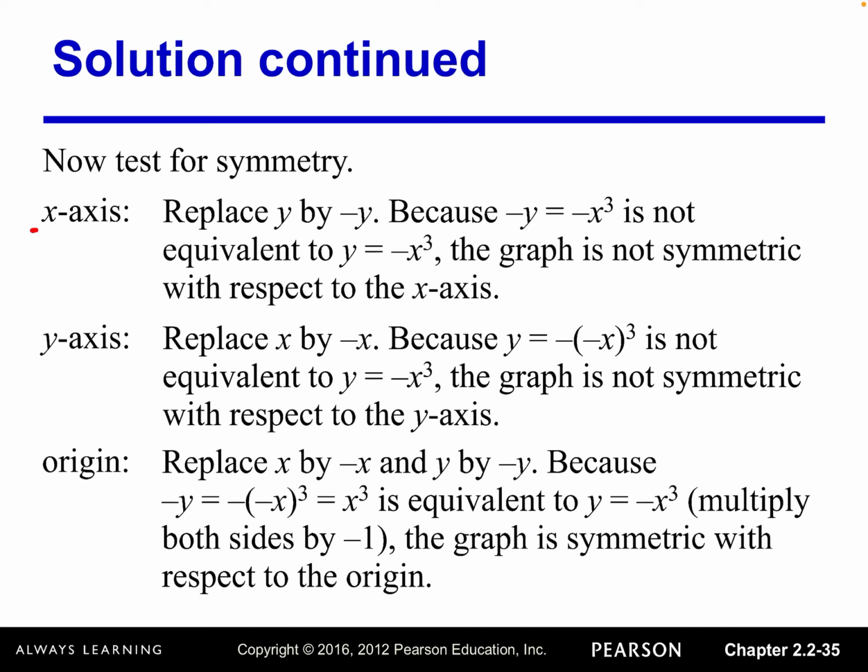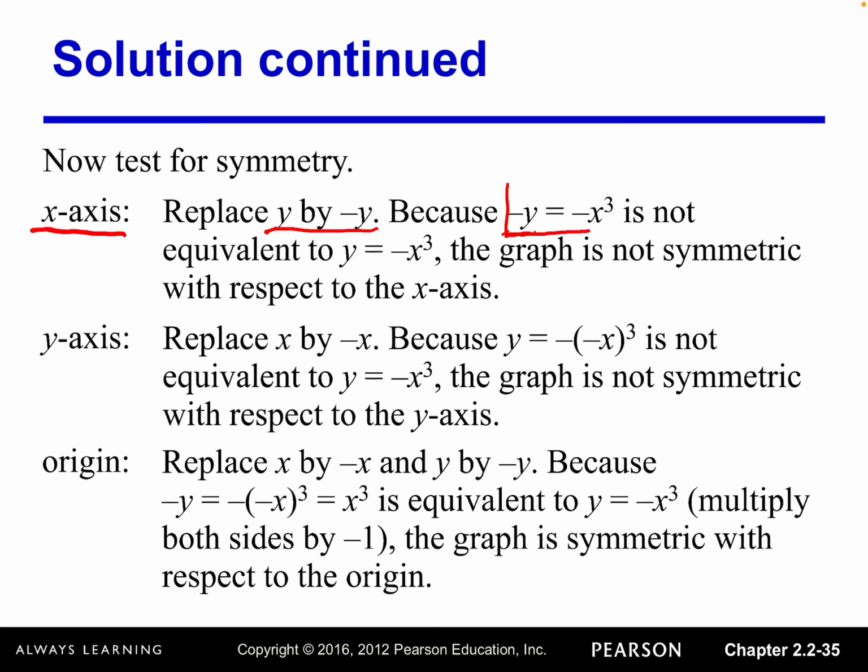So testing whether it's symmetric with respect to the x-axis, we replace y by negative y and plug into the equation. So the left-hand side, y, is replaced by negative y. The right-hand side has no y involved, so we just copy the original, which is negative x to the third power.